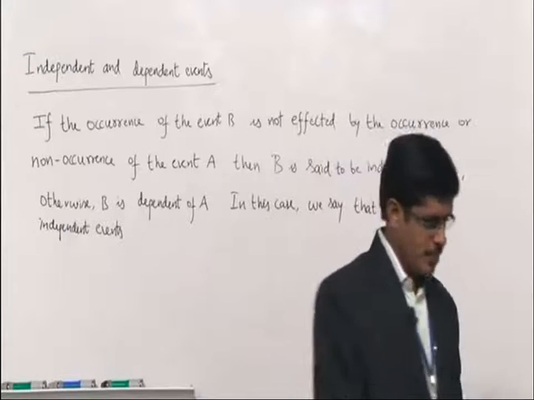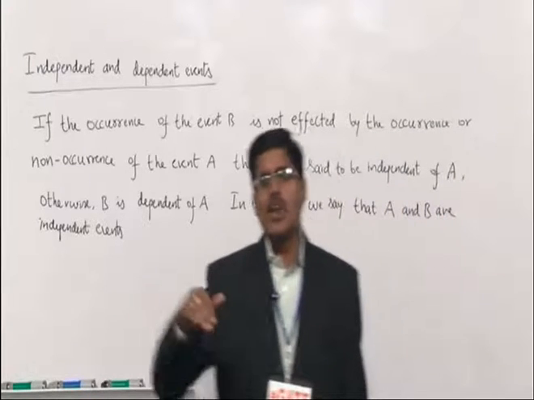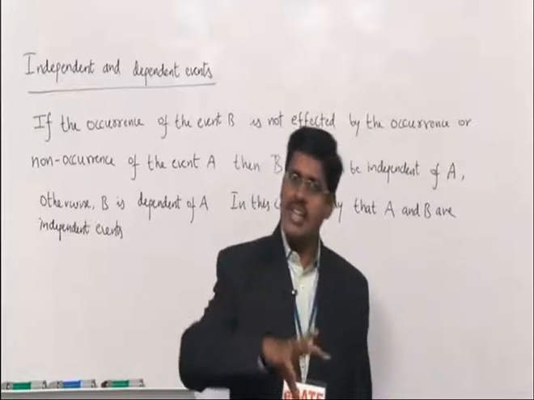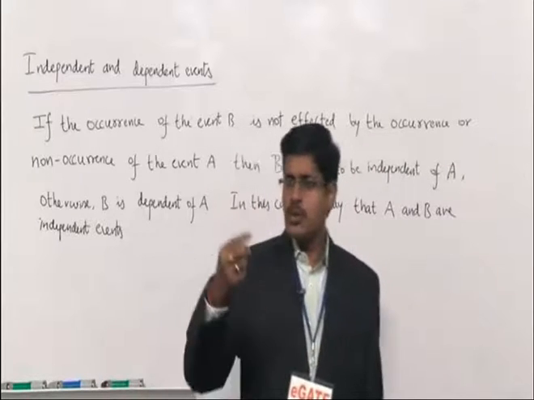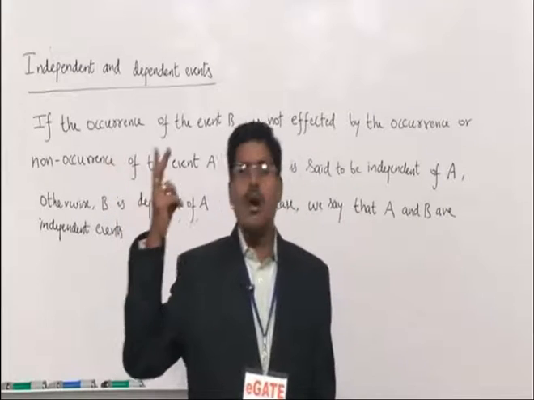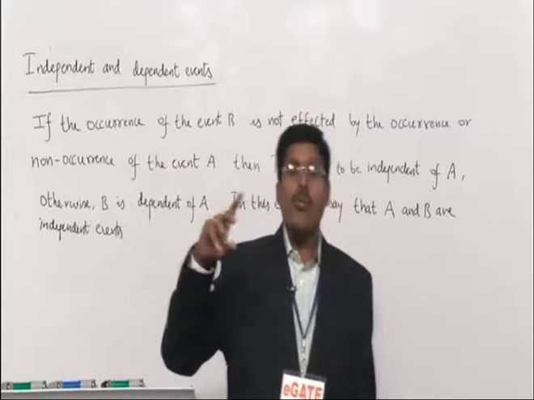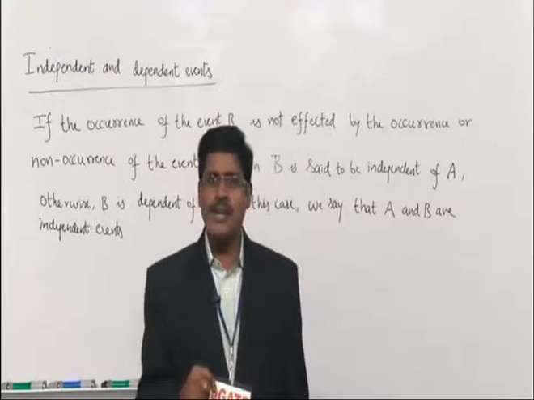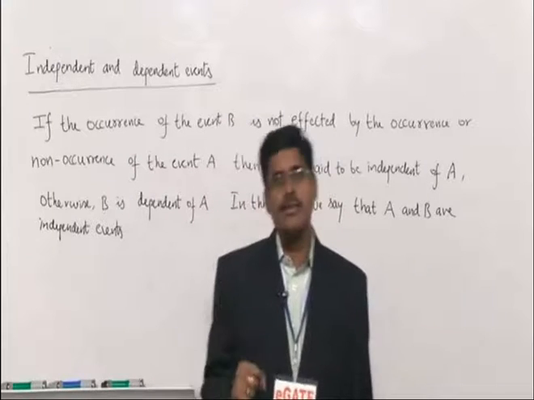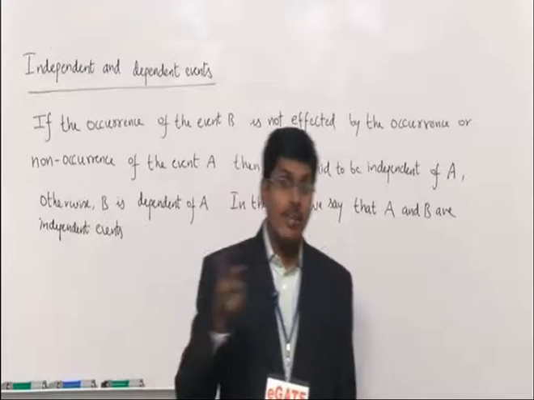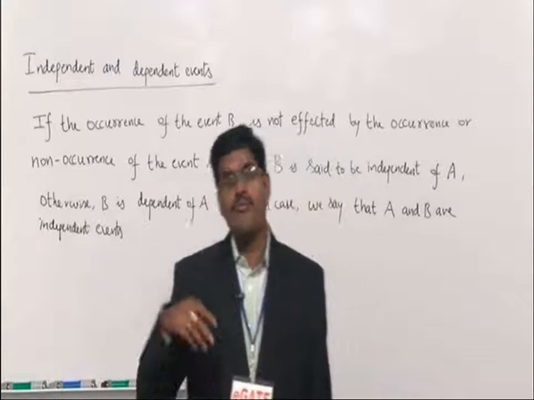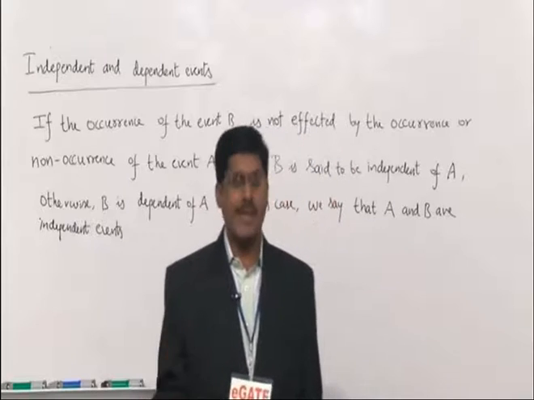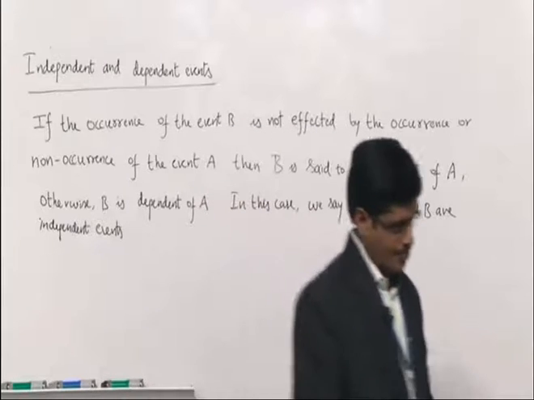Strictly speaking, not replaced tells dependent events: suppose two cards are drawn one at a time without replacing, that is called dependent. Two cards taken one at a time with replacement, such problems are called independent. Okay, like that.